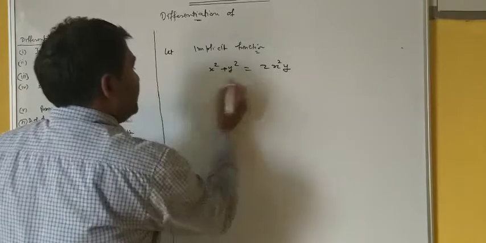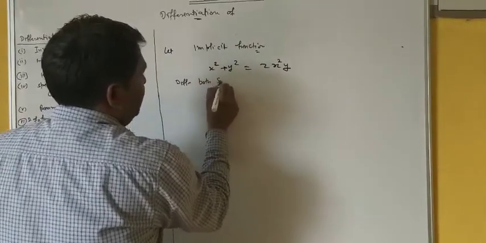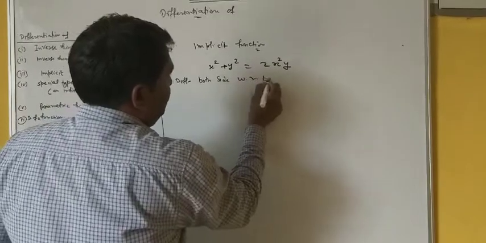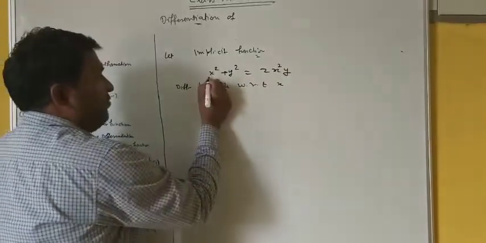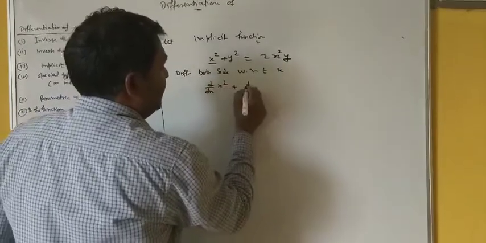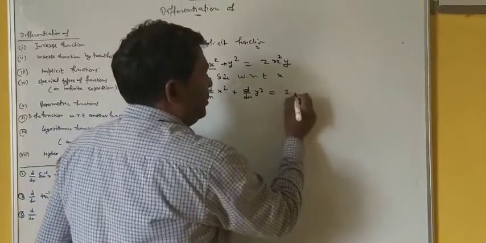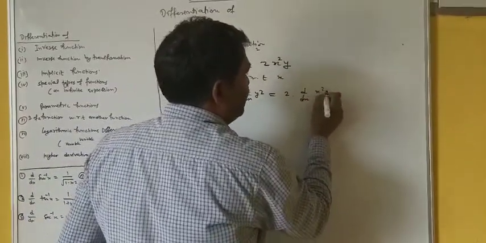See, so differentiating both sides with respect to x, what do you get? For this function, d by dx of x square plus d by dx of y square is equal to 2 into d by dx of x square y.